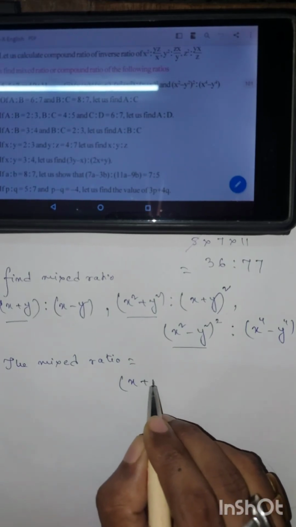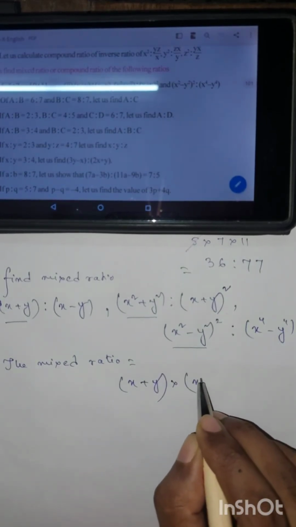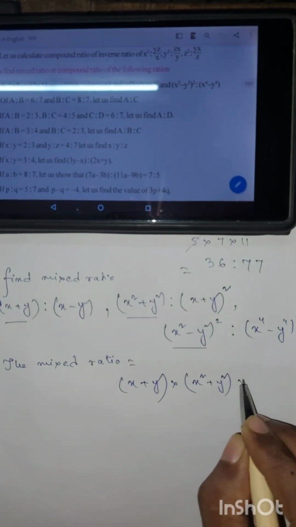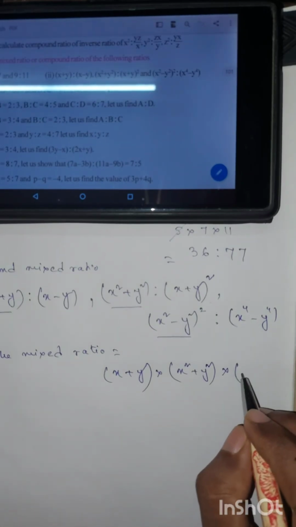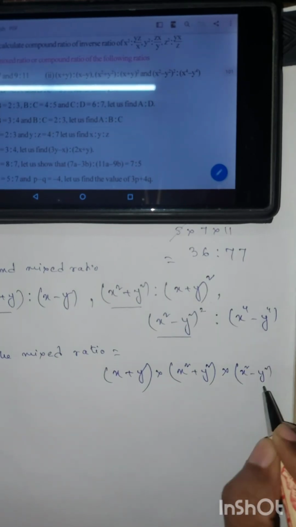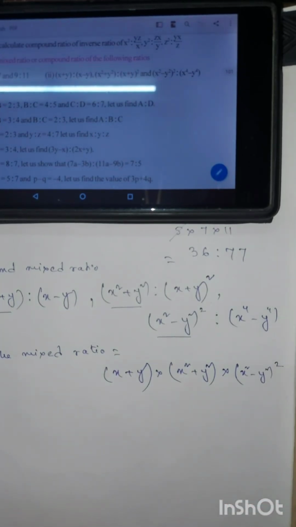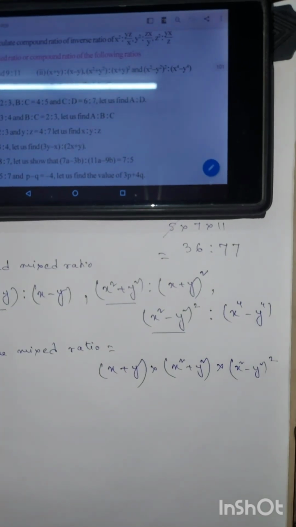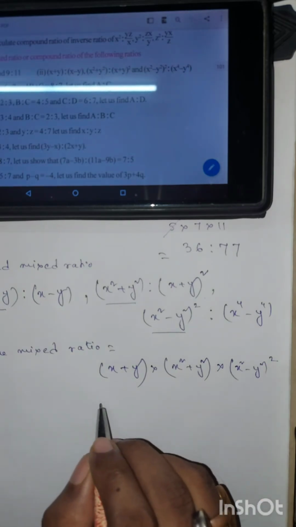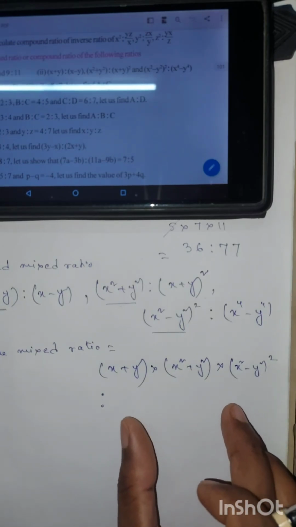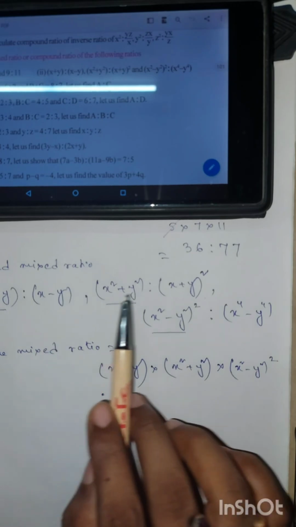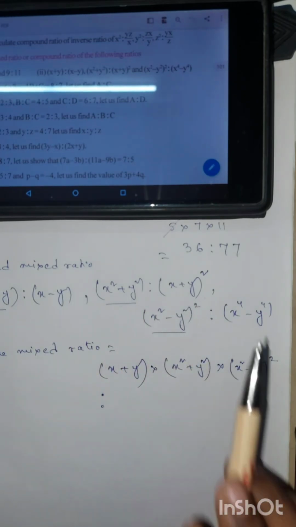So x plus y into x square plus y square into x square minus y square whole square is to the consequent of the mixed ratio, which should be the product of consequents of each ratio.